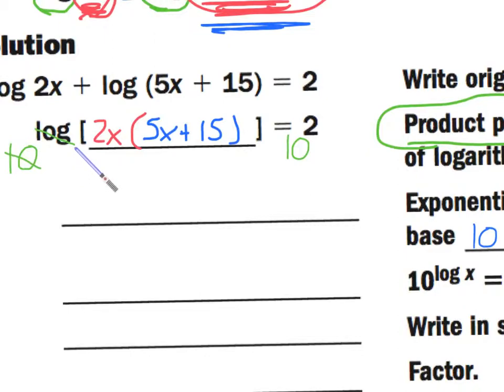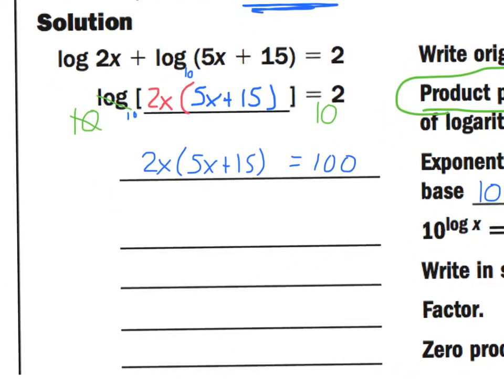It's implied right there. Because this is the common log, the base is 10. So we don't have to write it when it's a 10. And that's from whence the big number comes. All right, so now I have 2x times 5x plus 15 all equals 100, because 10 squared is 100.